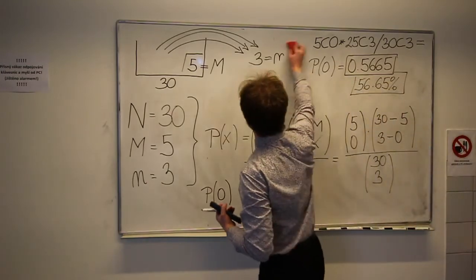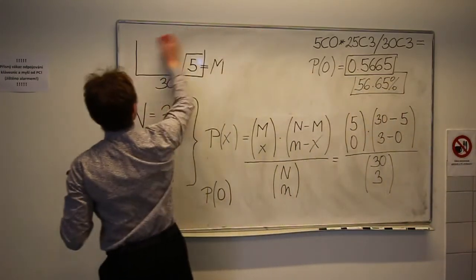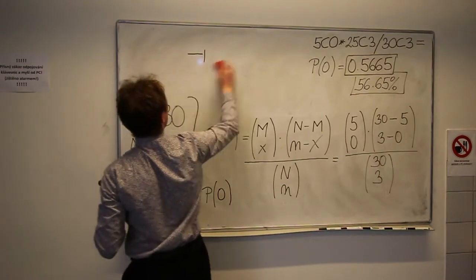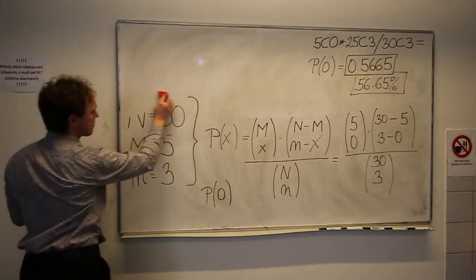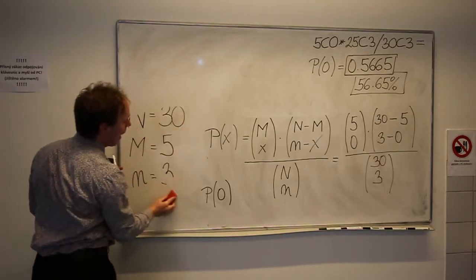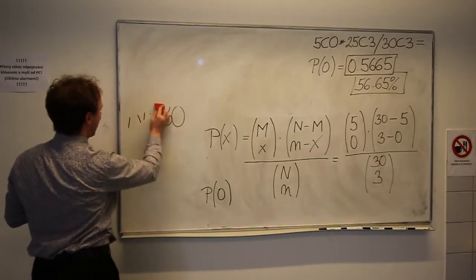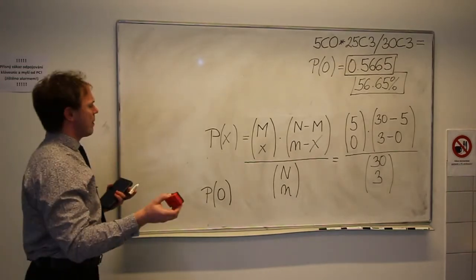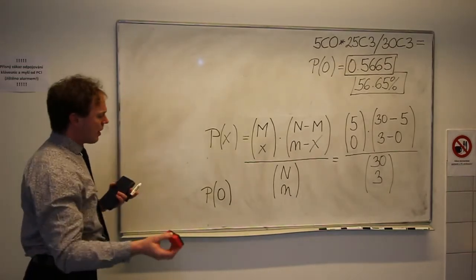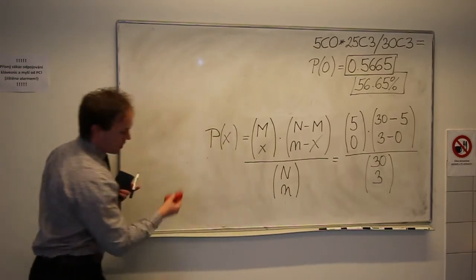But we would like to calculate something different. We would like to calculate the expected number of damaged light bulbs in our selection. How many light bulbs, on average, can we expect to be damaged in our selection of 3 bulbs?